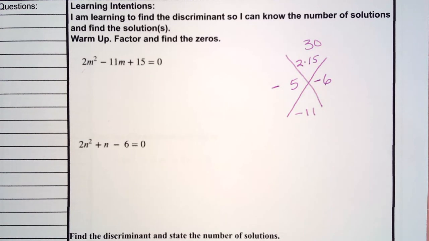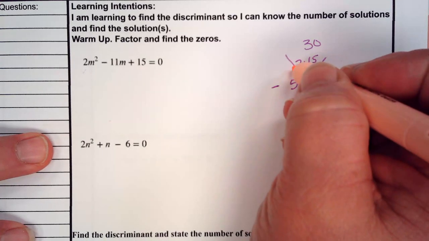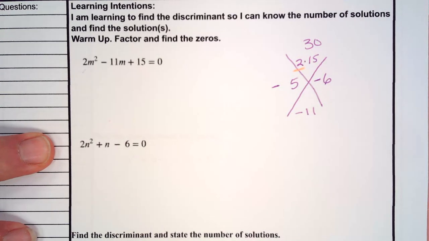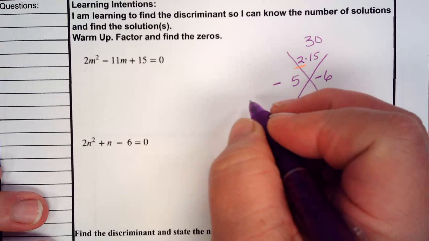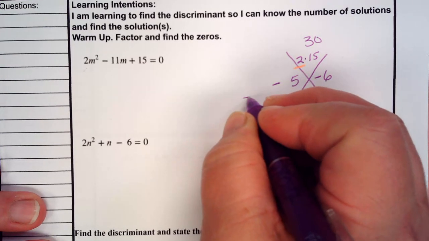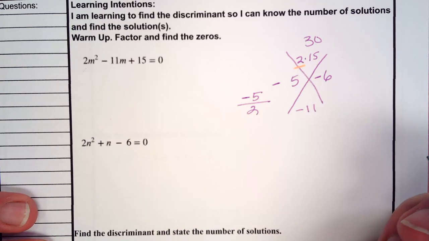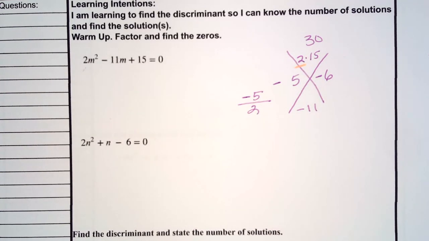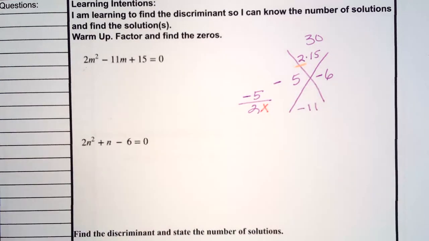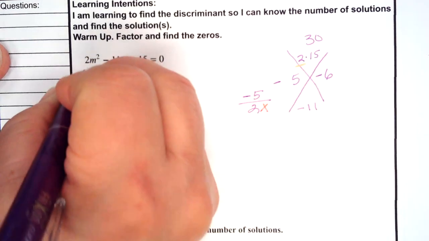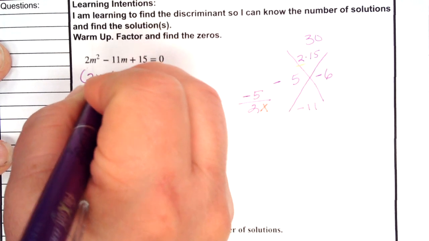But I have to remember, I've multiplied by 2. I've got to undo that. Undoing multiplying by 2 is dividing by 2. Okay, negative 5 divided by 2. Can I simplify? No. So the x stays in the bottom. 2x minus 5.